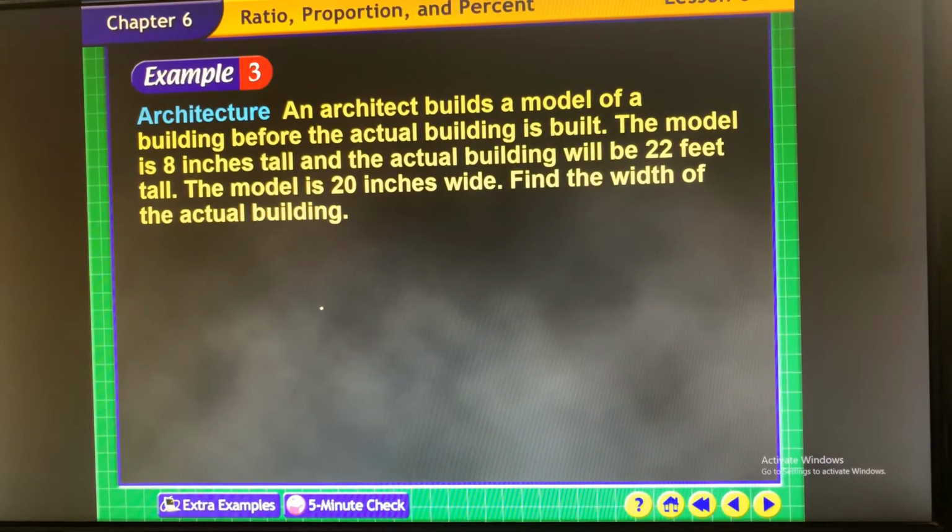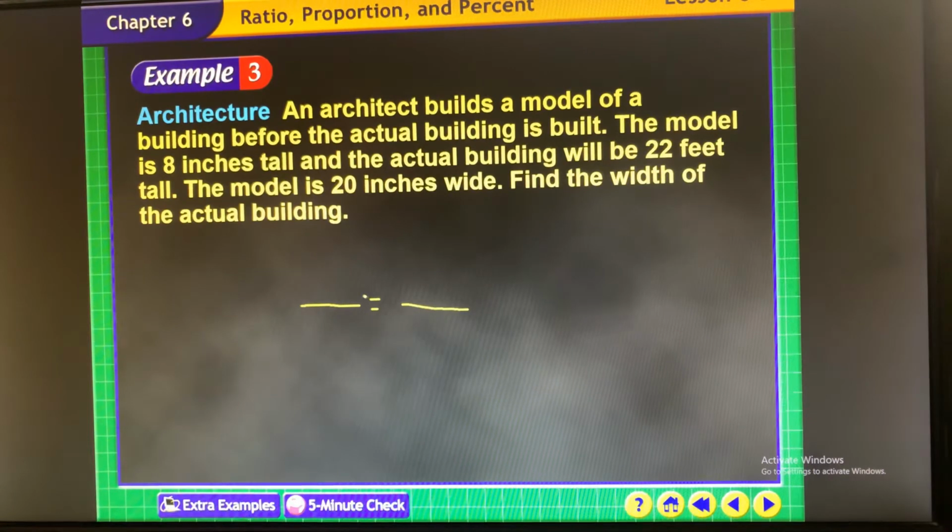An architect builds a model of a building before the actual is built. The model is 8 inches tall and the actual will be 22 feet. The model is 20 inches wide. Find the width. So you're going to set up a proportion. Now, when you set up this proportion, make sure you're setting it up the same way on both sides for both ratios.